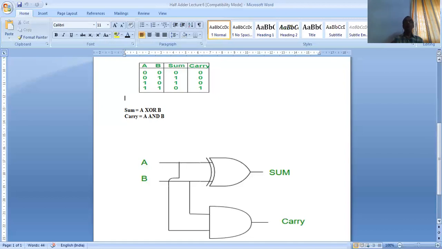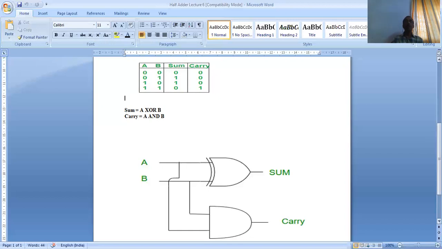Okay, how it works, how the working of the half adder takes place, and what is the construction of half adder, you see here.